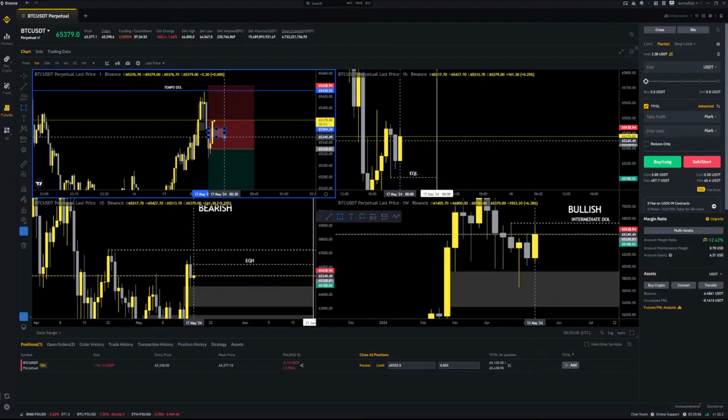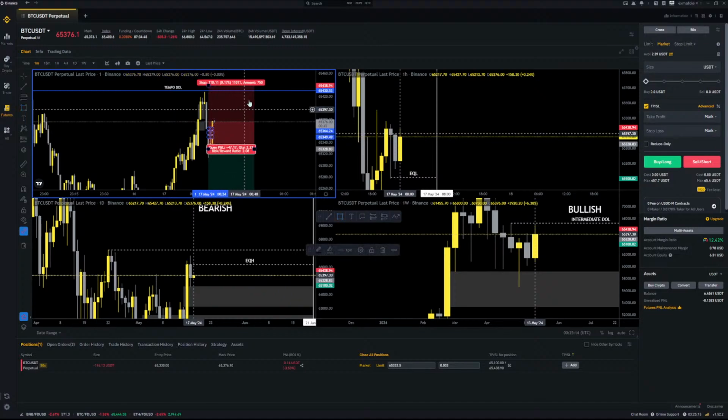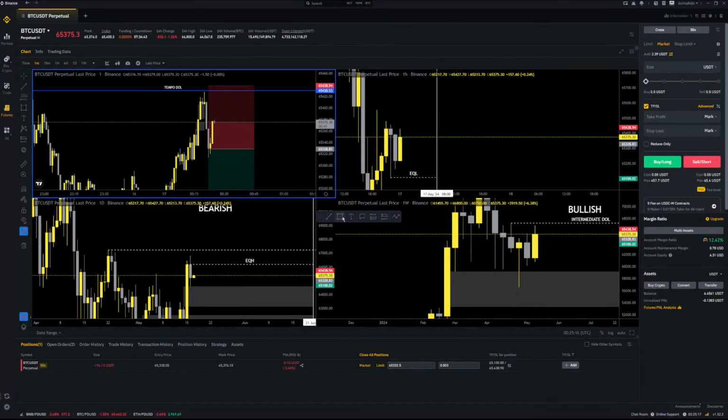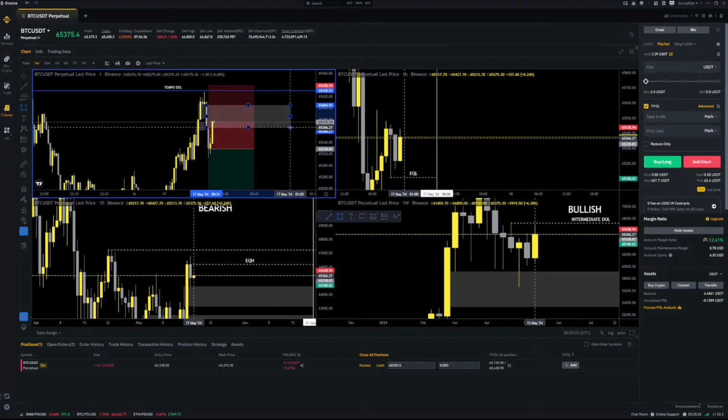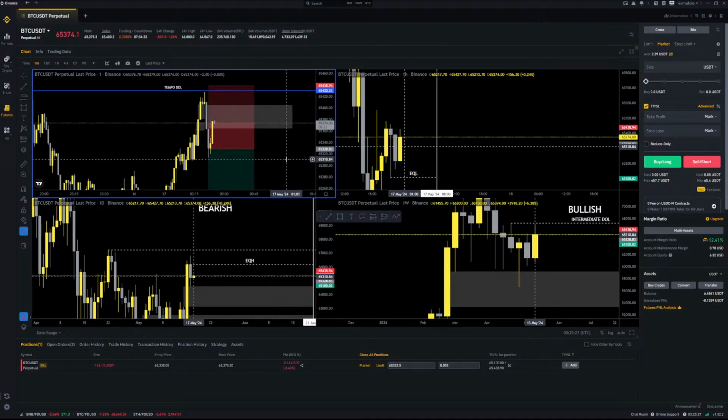Oh, this is not cool. This is not good. It has not been respected. And this is a breakaway gap, which should not be respected though.